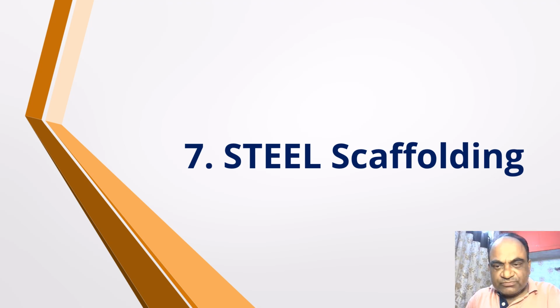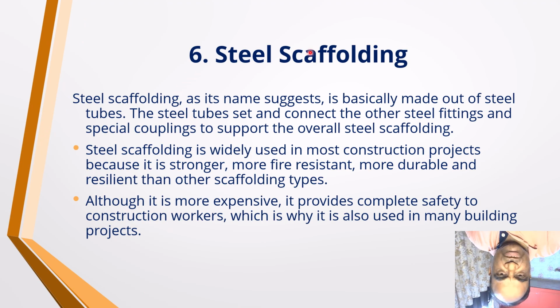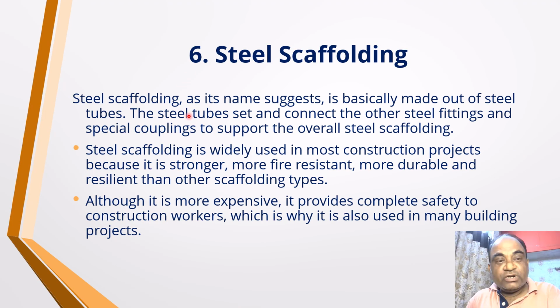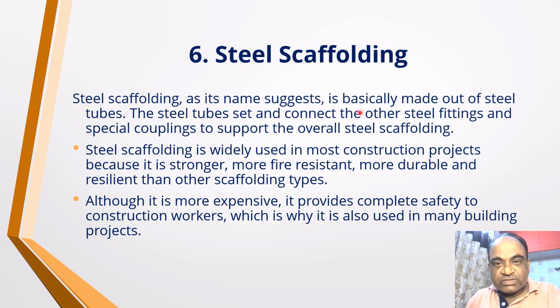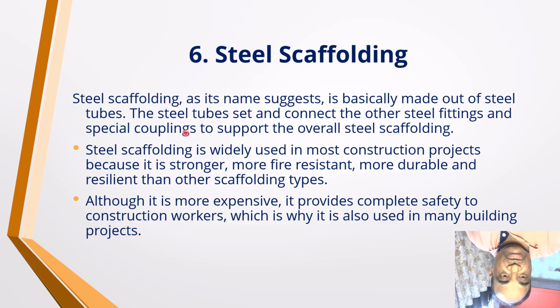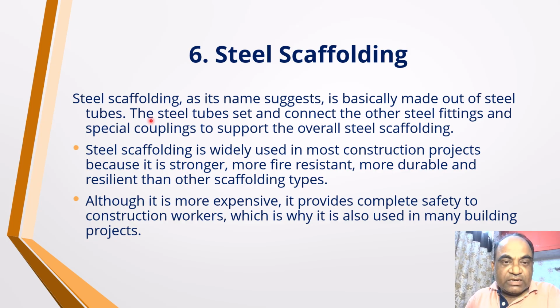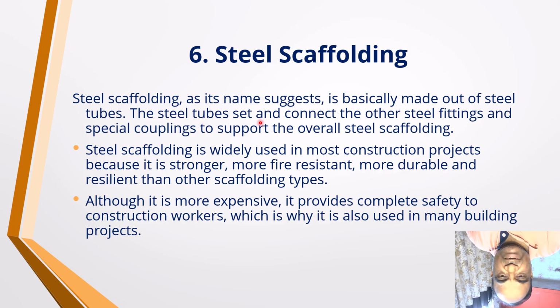Steel scaffolding, and this is the most important type of scaffolding. Steel scaffolding, as its name suggests, is typically made out of steel tubes, and these tubes are set and connected with other steel fittings, and special couplings are used to connect them to support the overall steel scaffolding.